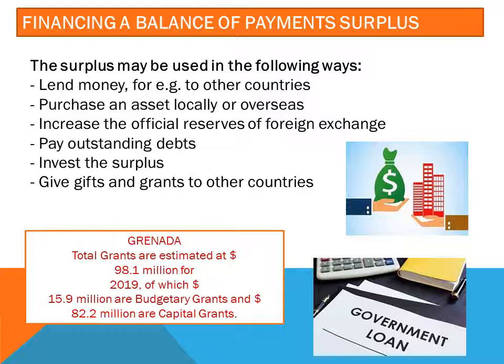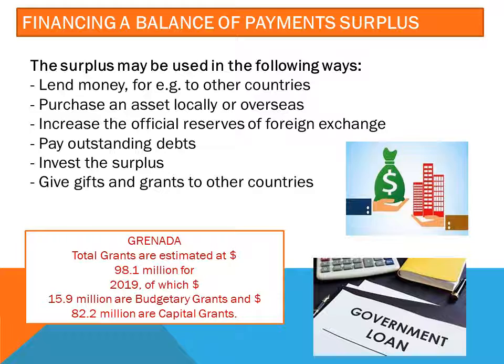I can't remember hearing Grenada give grants. Maybe during natural disasters, like Dominica, for instance. So Grenada might have given a grant to Dominica during that time. So there might be special cases when that happens, right? But because most regional countries are small and developing, we tend to see that they have a lot of deficit issues now and then.